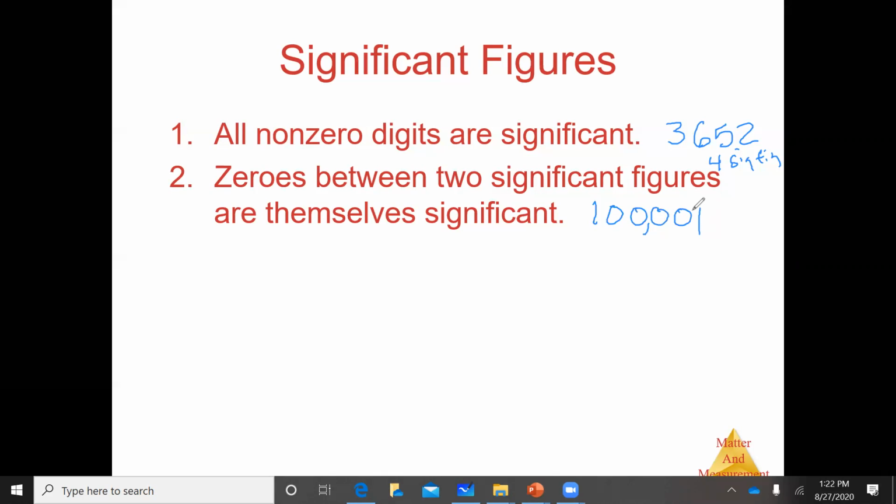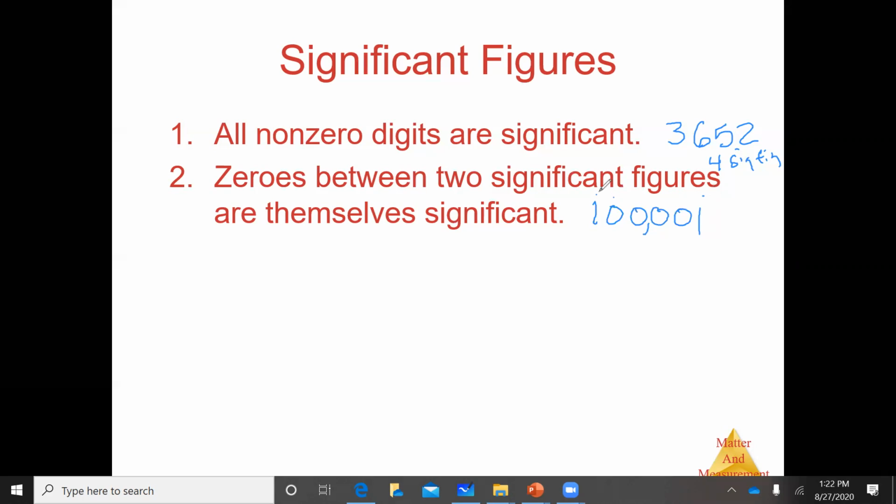100,001. When you're writing that number, you're not just saying loosely, oh, it's 100,000 people. No, you counted 100,001 people, to the T. We know that this is significant because of rule 1, all non-zero digits are significant. The zeros in the center have to be significant.